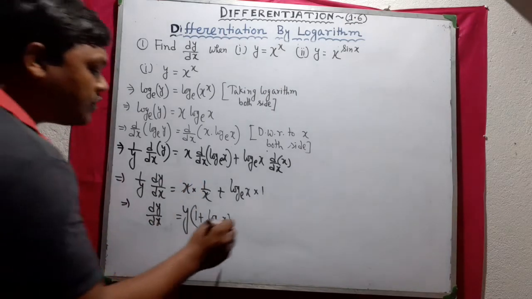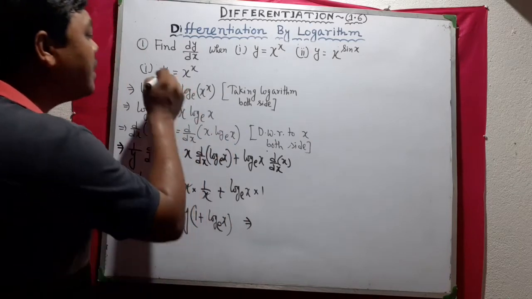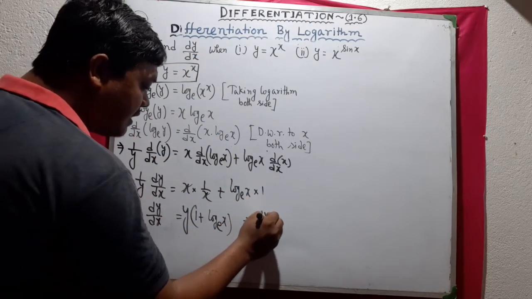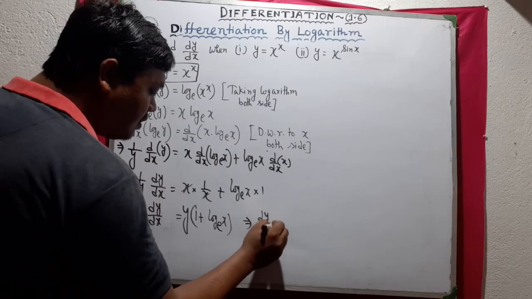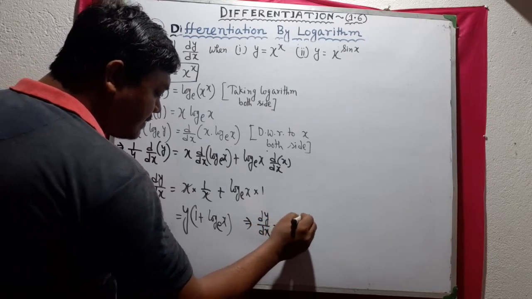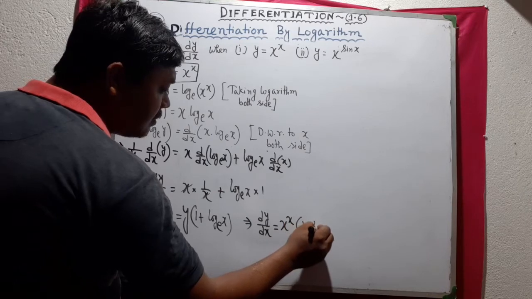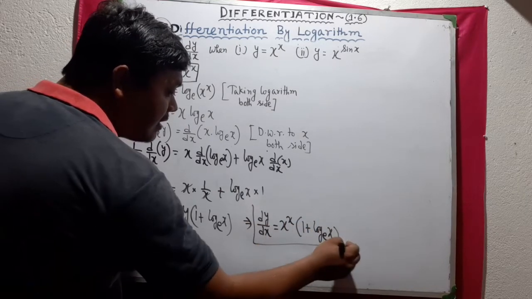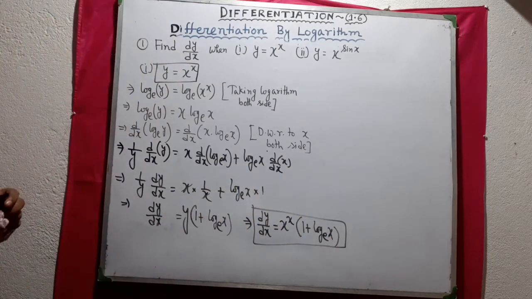Now we put the value of y. What is my y? y is x to the power x, so dy dx equals x to the power x times (1 plus log x base e), and you can easily calculate the formula.